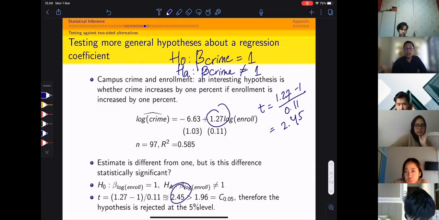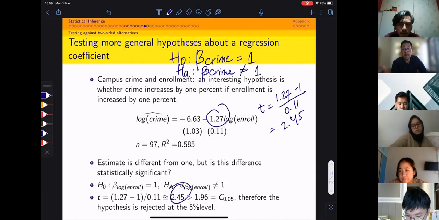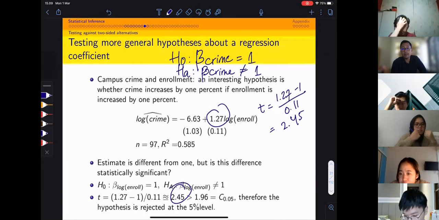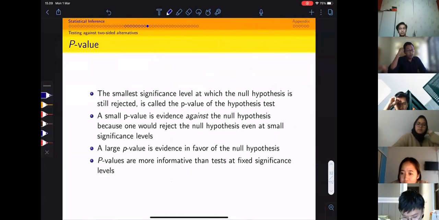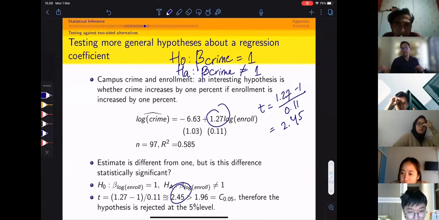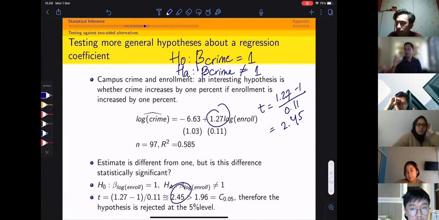You conclude that the elasticity of crime with respect to enrollment is actually higher than 1. If enrollment increases by 1%, then crime actually increases by more than 1% and is statistically significant at the 5% level. So that's the idea of testing. Any question from this?